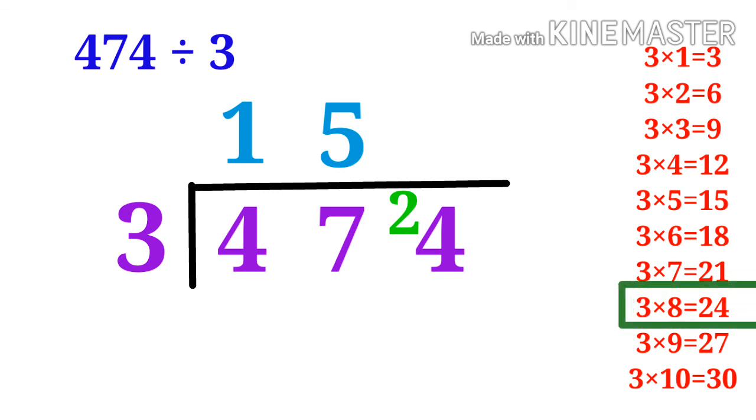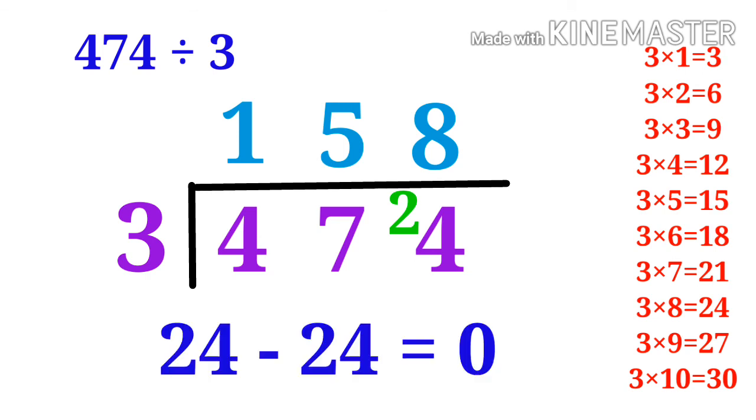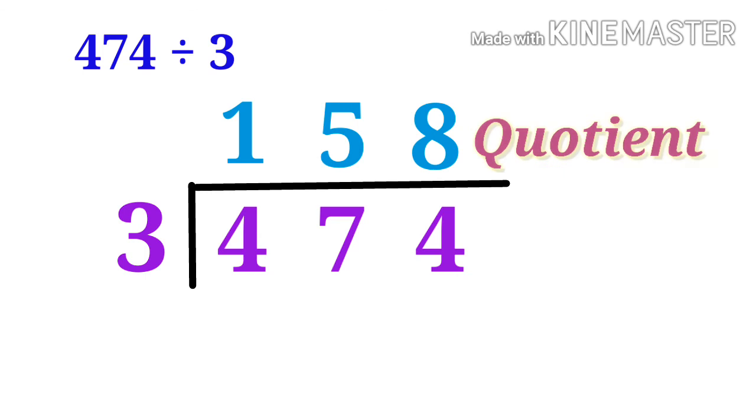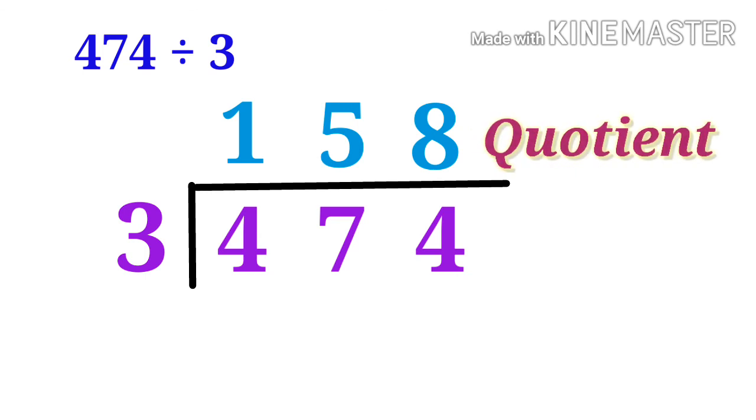It's 8. So we will write 8 above. Subtracting 24 from 24 gives 0. Therefore, the division is complete. We have the quotient as 158 and remainder as 0. Wasn't that easy?